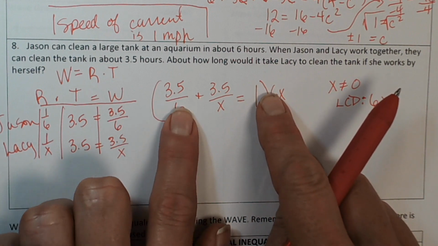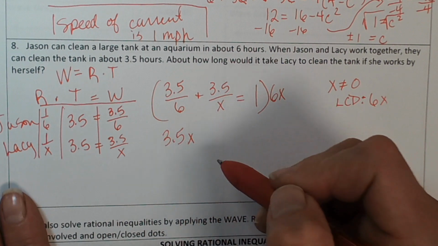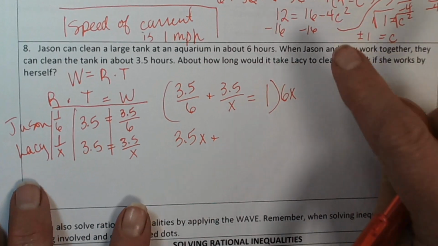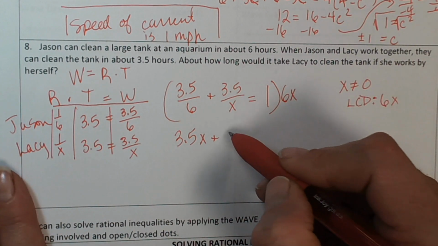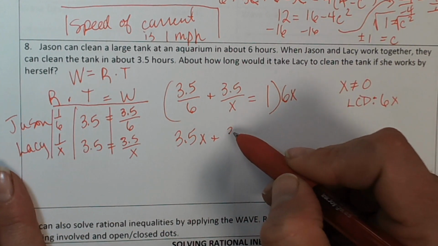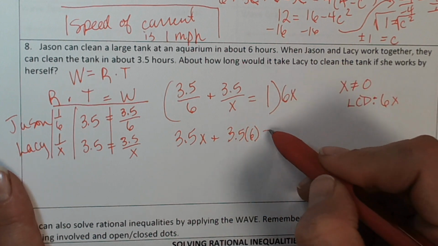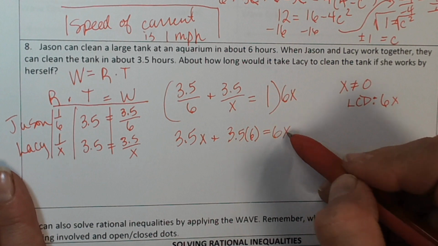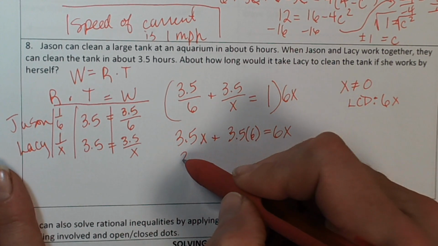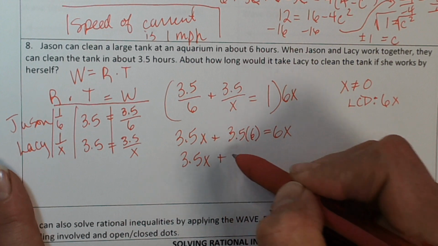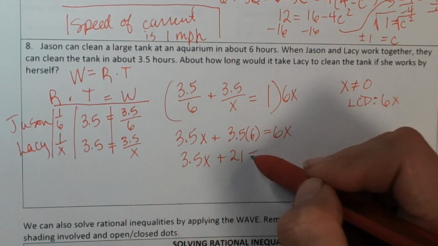My 6's would cancel here, so I'm going to have 3.5x plus, my x's would cancel here, so I'm going to have 3.5 times 6. And then here, there's nothing to cancel, so I have 6x. So now when I simplify, I get 3.5x plus 3.5 times 6, which is 21, is equal to 6x.